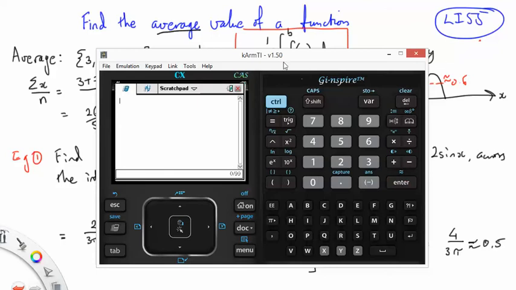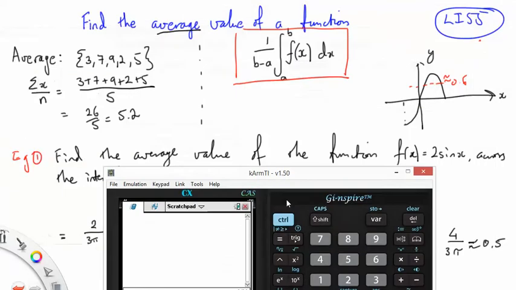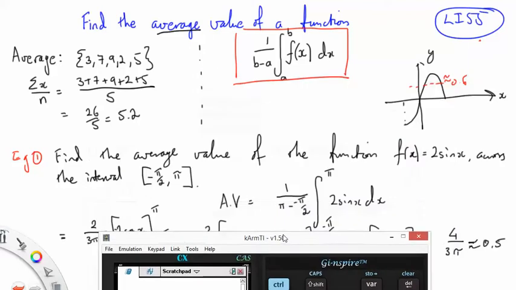Let's see what the CAS has to say. Okay, take 2. Why do I always write it in the worst area?